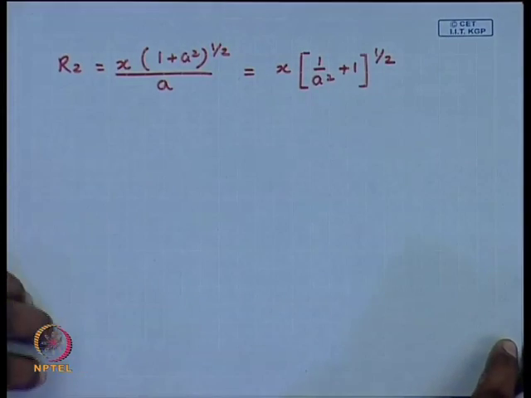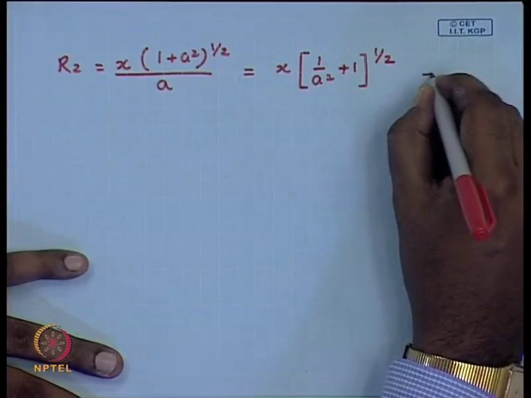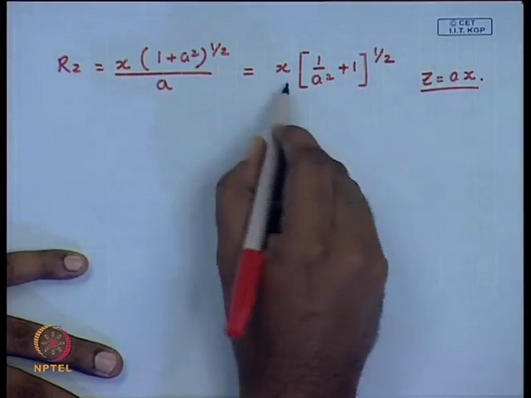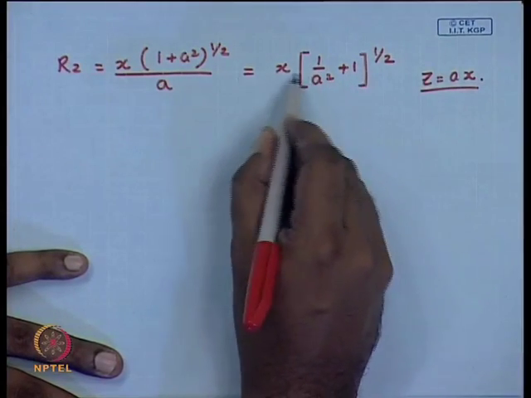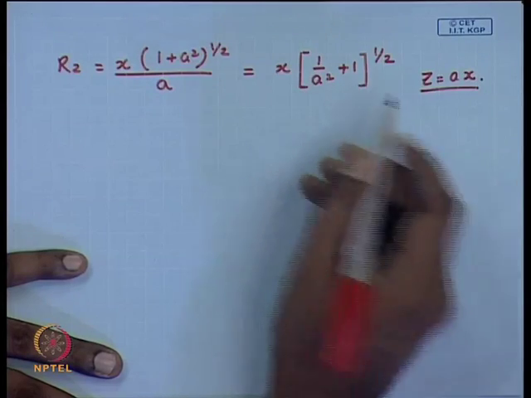So, you can see that we had taken the expression of the surface to be z equal to A x. Here you can again see that the radius of curvature indeed is x multiplied by some constant, after all if A is constant. So, this is again a constant.